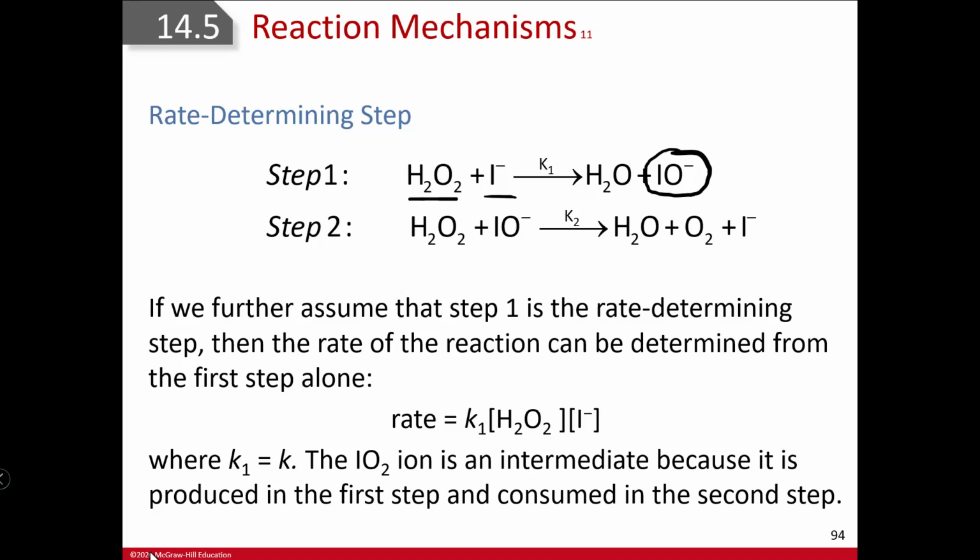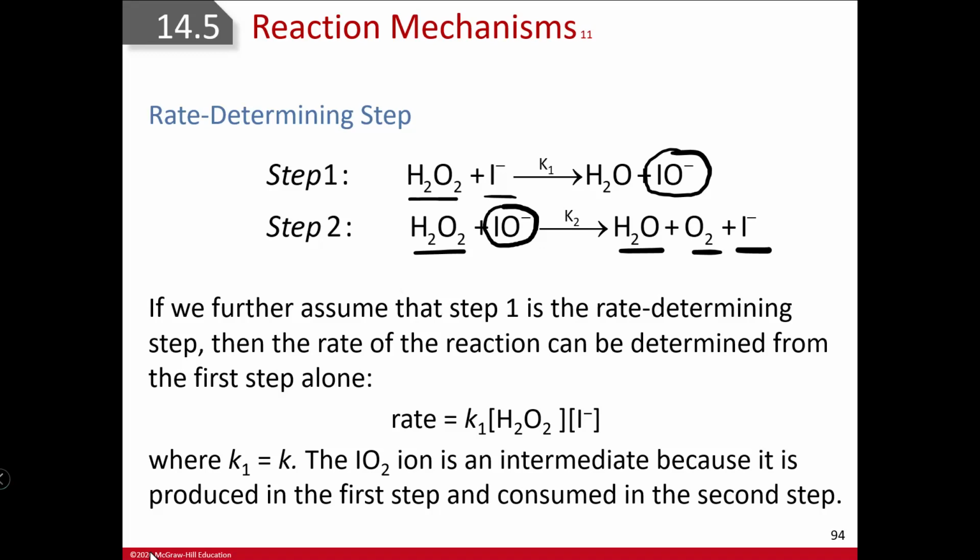Okay, so that's step number one. Step number two is this hypoiodide ion, let's call it that, then reacts with another hydrogen peroxide molecule, and that forms water, oxygen, and iodine.